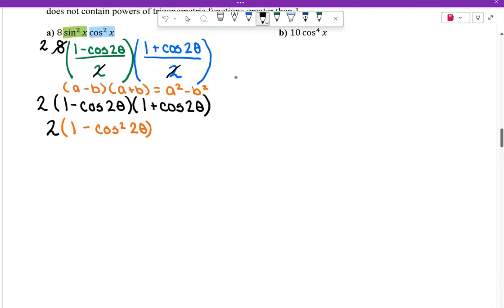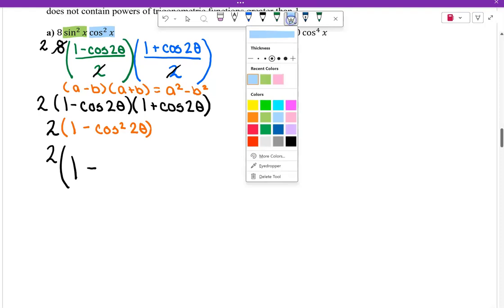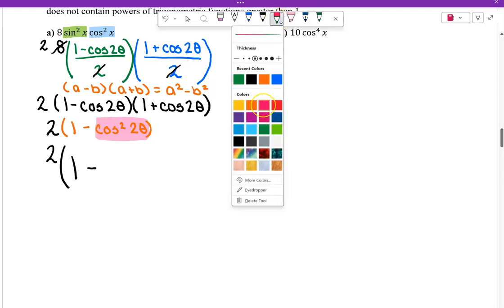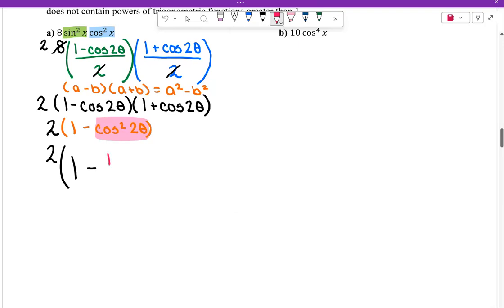So looks like we're going to have to substitute again. So it's going to be 1 minus, and we're going to have to change this. Now we are going to have to be careful because that is 2 theta and not just theta this time. So we are going to have 1 plus, I guess I could put that in parentheses right here, cosine.